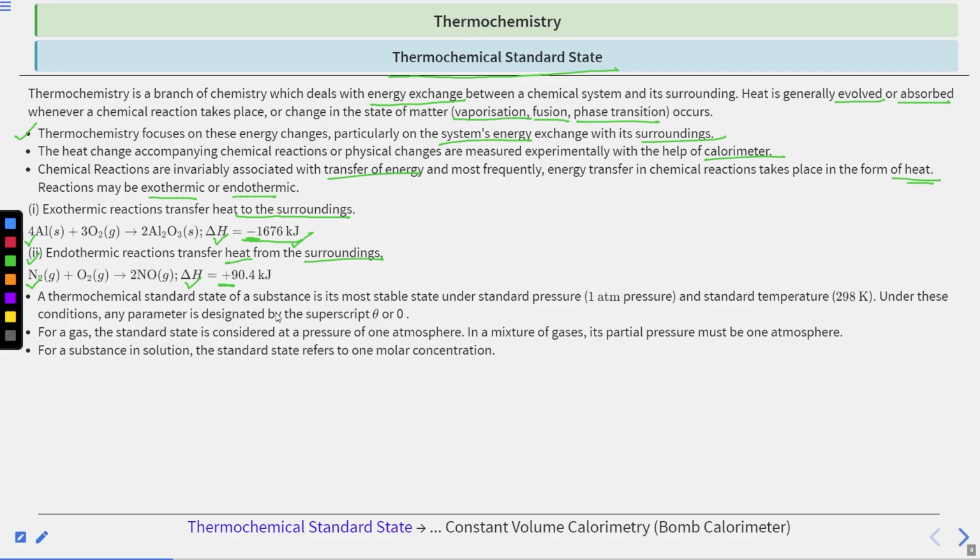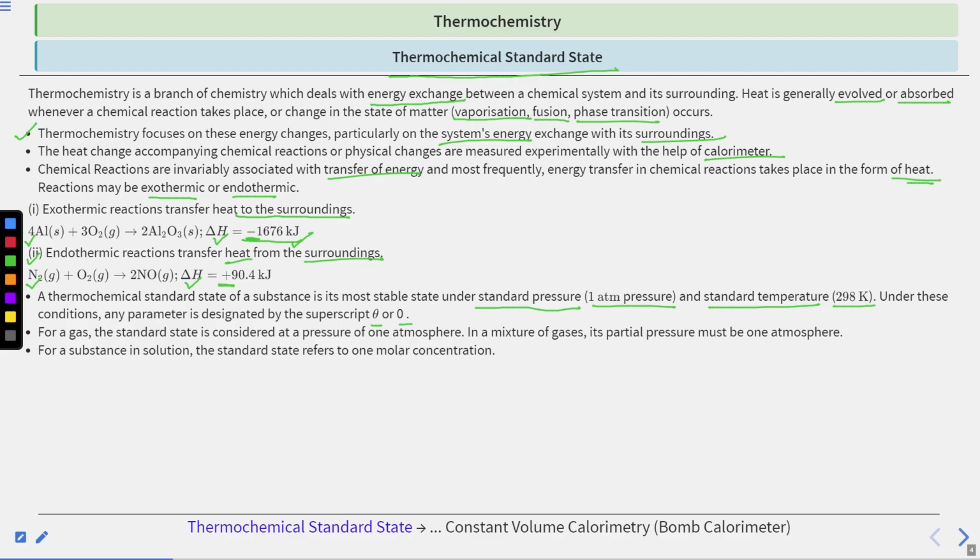A thermochemical standard state of a substance is its most stable state under standard pressure, that is 1 atmosphere, and standard temperature, that is 298 Kelvin. Under these conditions, any parameter is designated by the superscript theta or naught.